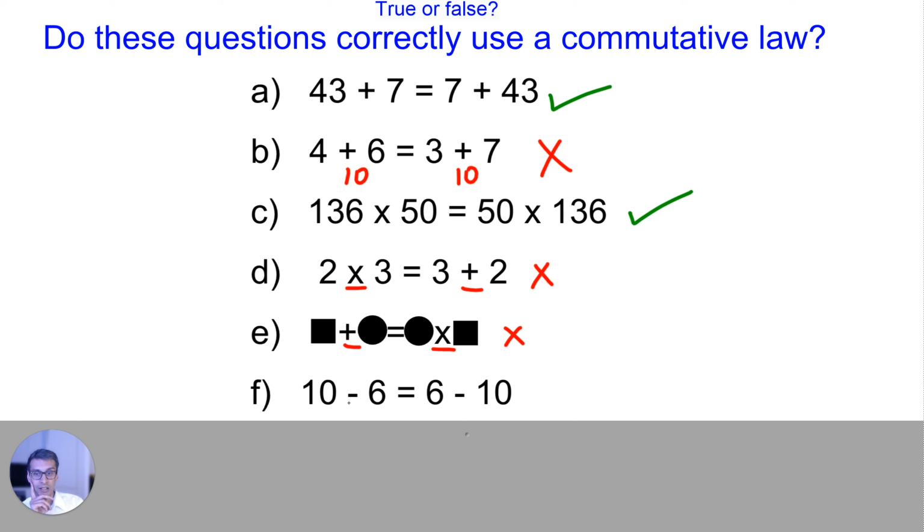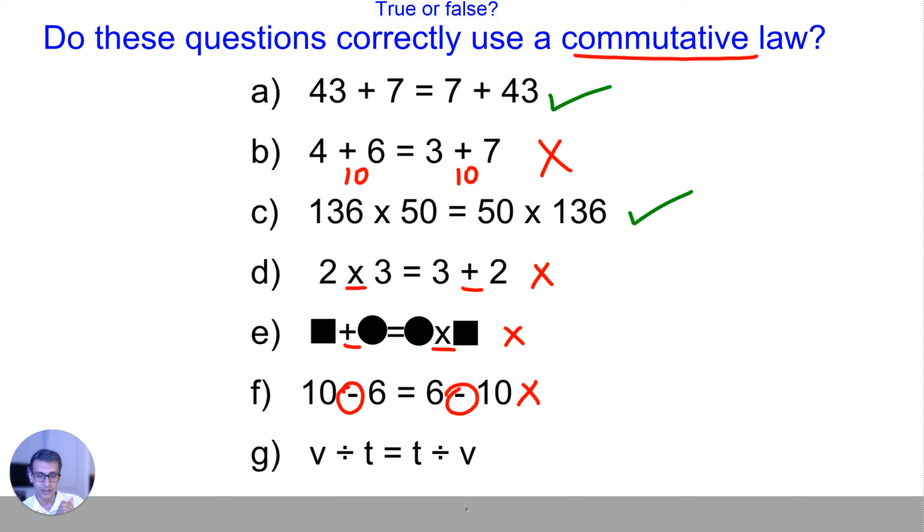So we can see that we are exchanging the places, but the commutative law does not apply for subtraction. So this is going to be false. How about G, the last example here? Hopefully you remember from your notes as well that the commutative law does not apply for division either.